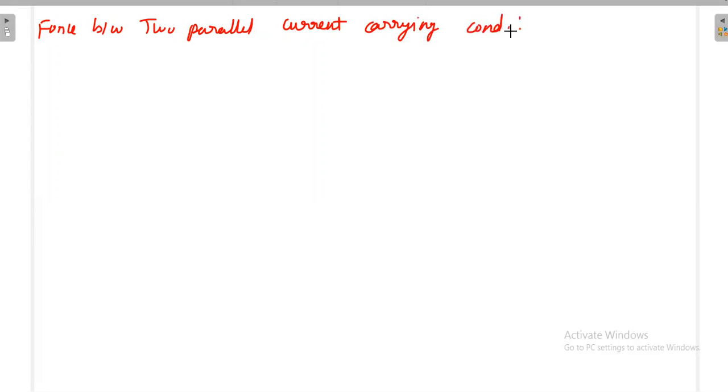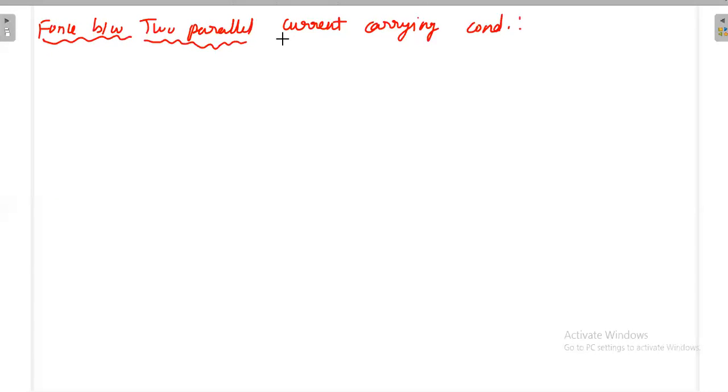Force between two parallel current carrying conductors.